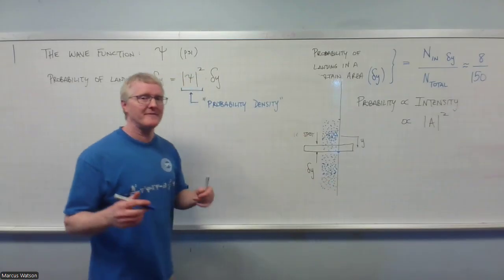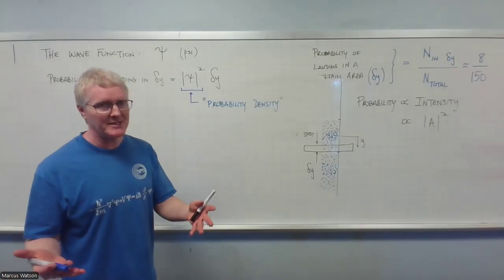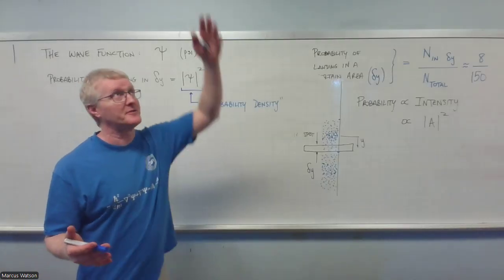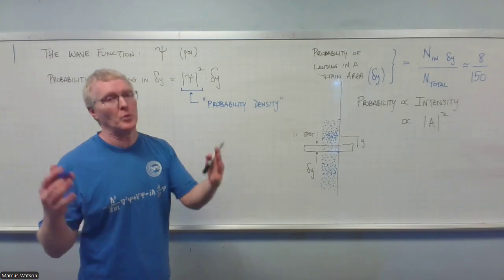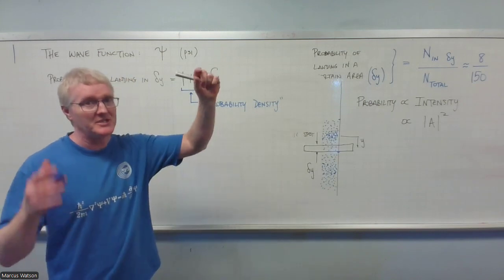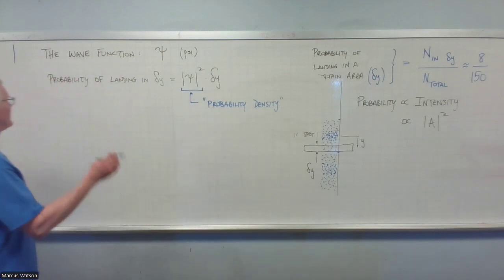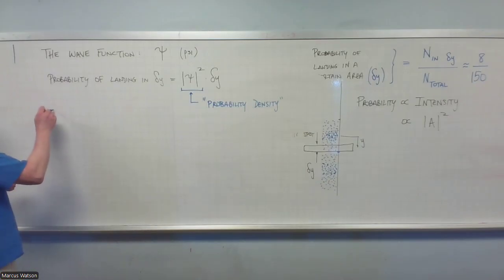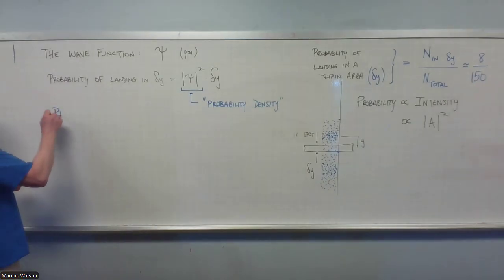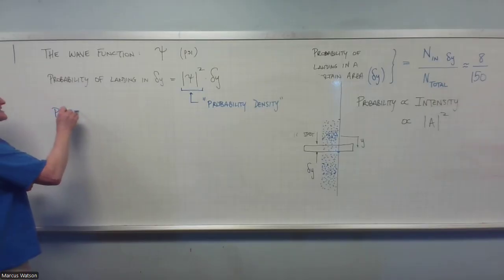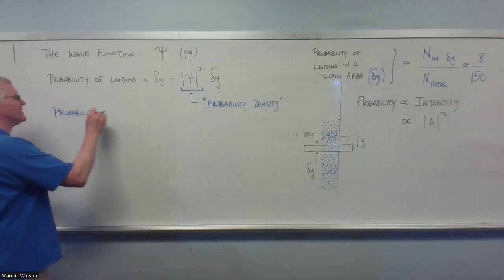And therefore, I should have a 100% chance of, as far up and as far down as I go, it will be detectable somewhere. Therefore, what we do is we say the probability of the electron landing somewhere has to equal 1.